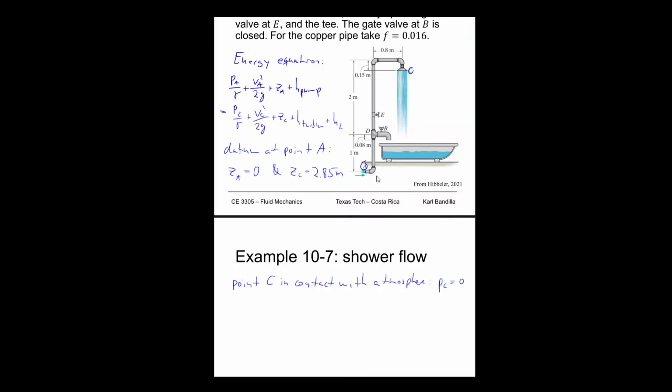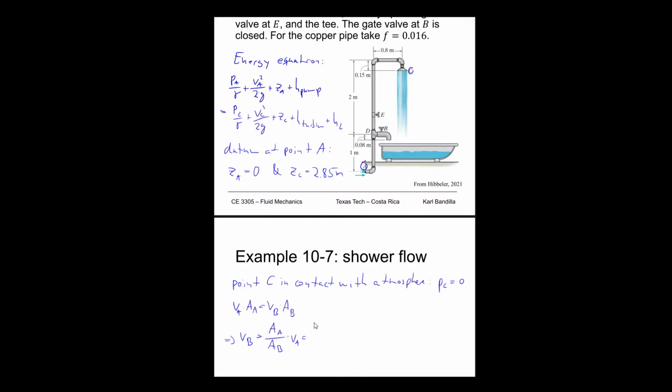We have water coming in at A, going out at C. So we can say VA times AA is equal to VC times AC. That means if we solve this for VC, then we'd have AA over AC times VA.